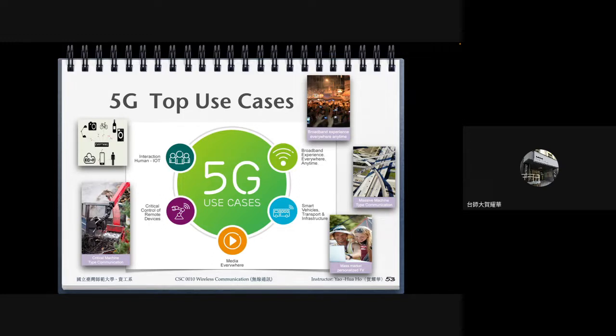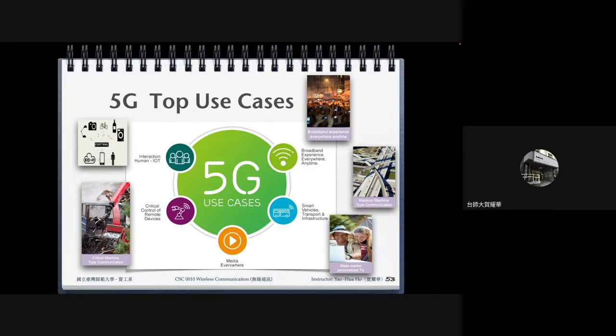So bring back, top usage on the fifth generation. We think in the future is the interaction between human or IoT. The IoT will be one use of fifth generation. You want everything connected to internet, and you have a broadband experience everywhere, anytime. Smart vehicle, smart transportation infrastructure will be another one.